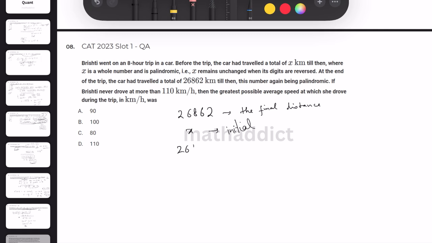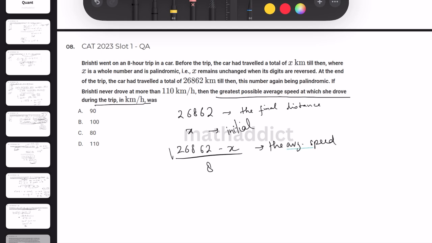So the distance she traveled was 26862 minus x. So we are asked for the greatest possible average speed. The average speed is the total distance she traveled divided by the total time she traveled for.